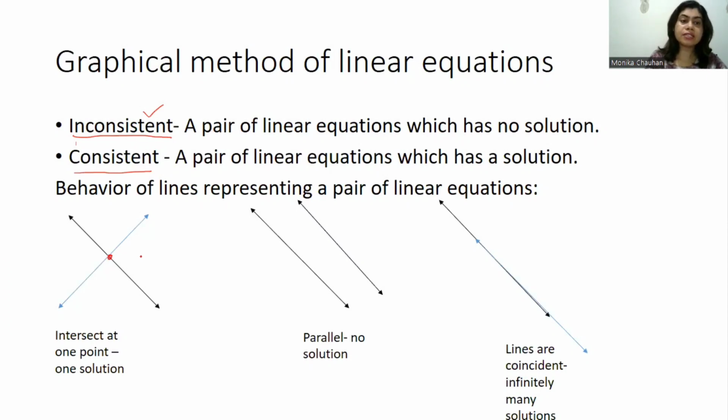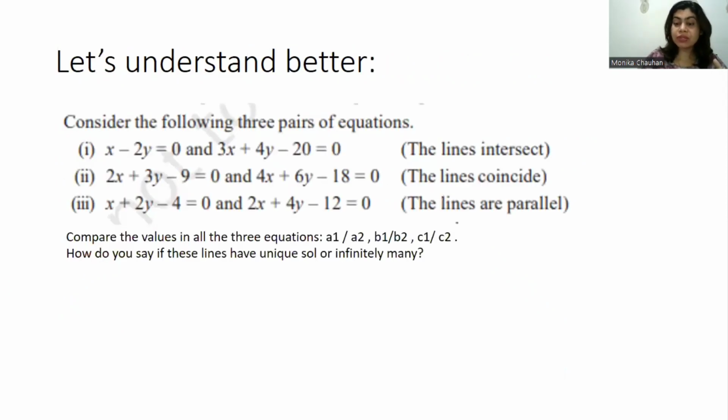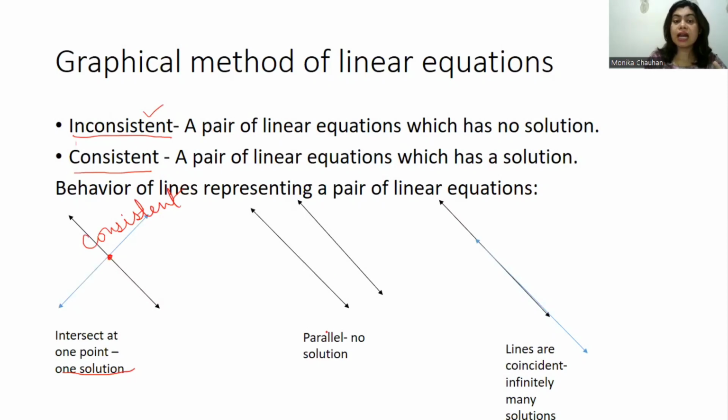When two lines intersect at one point, it has one solution. That means it is consistent. And when the two lines are parallel, it has no solution, which means it is inconsistent.